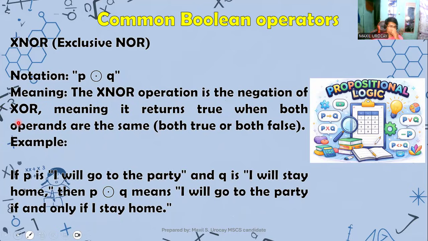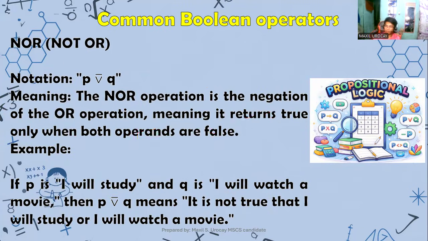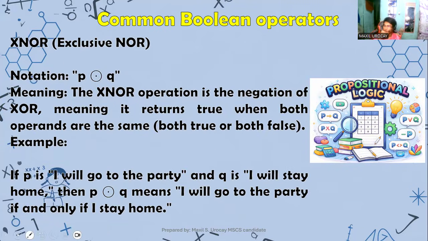Now for XNOR, or the exclusive NOR, it is the negation of XOR. Meaning it returns true when both operands are the same, both true or both false. So XNOR is the negation of the XOR. Let's try to quantify.